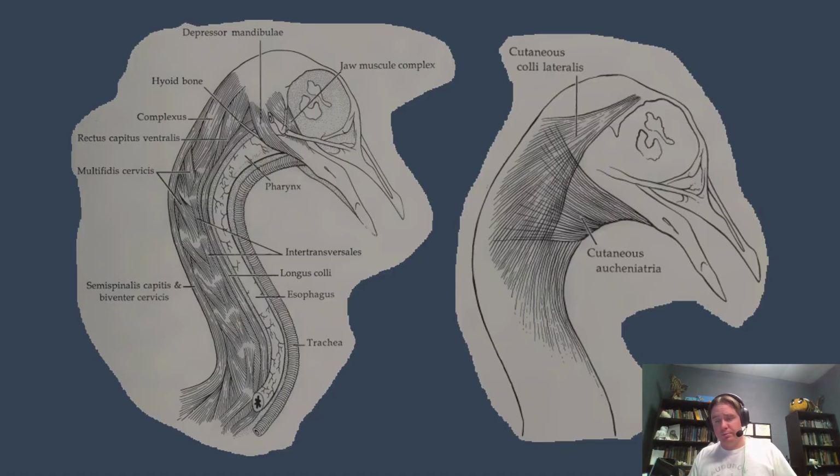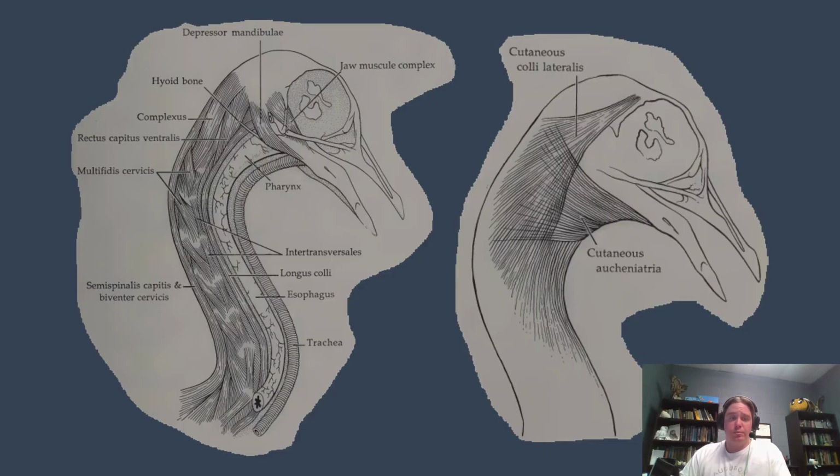Birds can't do that. Most of them cannot do that. Some of them have some limited ability to move their eyes around in their sockets, but that's not the standard form. And so to make up for that, to increase range of vision, or field of vision, I should say, they have to be able to move their heads further than we can move our heads.